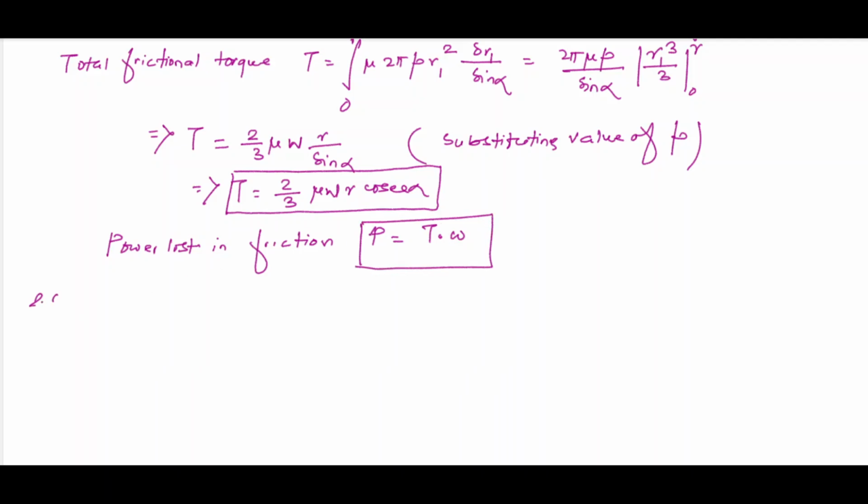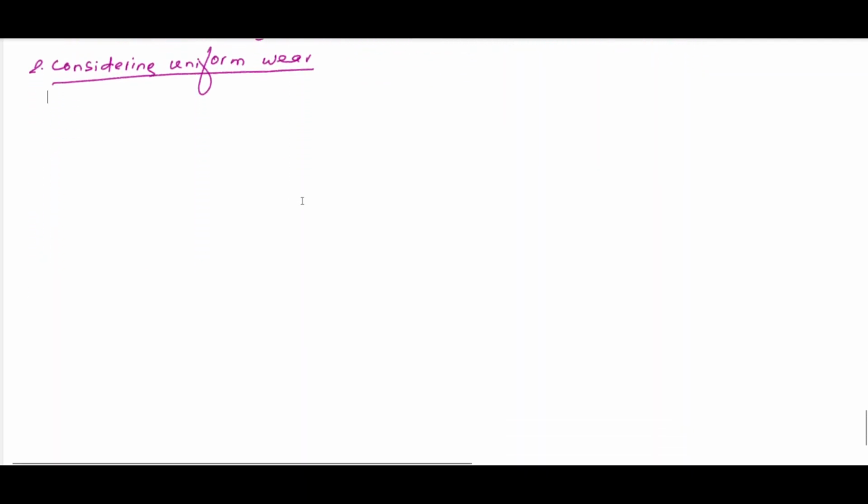Now considering uniform wear, we know that p1 r1 is equal to constant, where C is a constant.